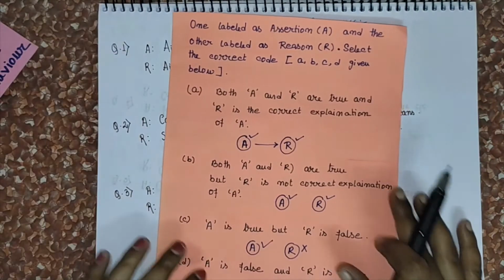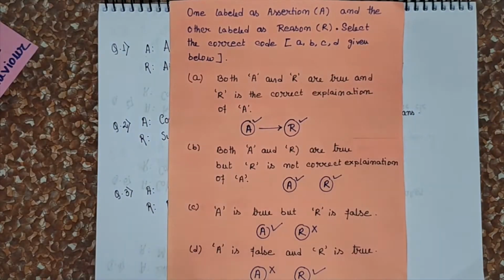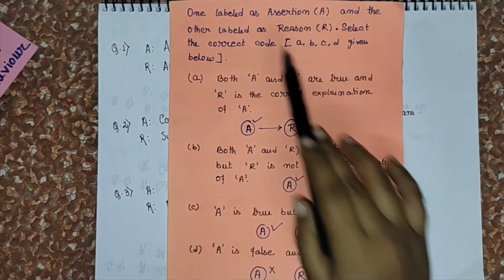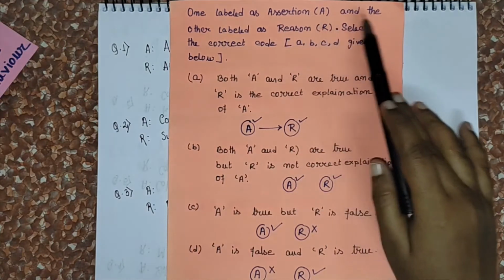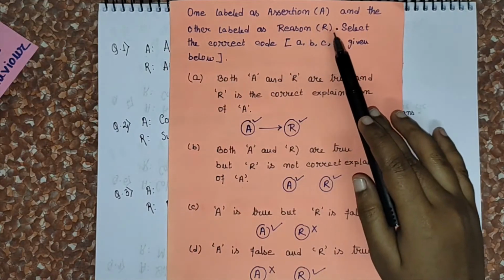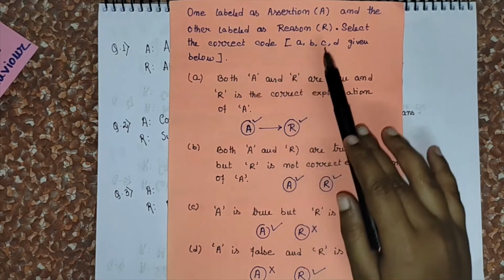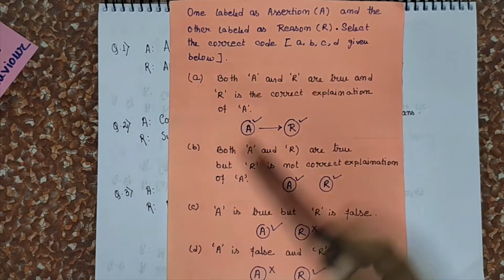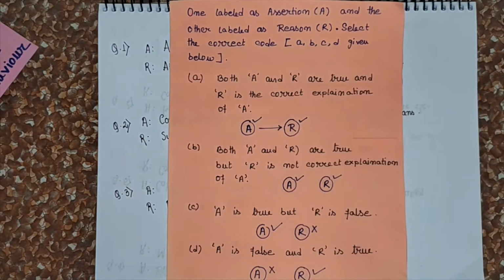What are the options? One is labeled as assertion A, and the other is labeled as reason R. Now select the correct code A, B, C, D given below. These are the four options.